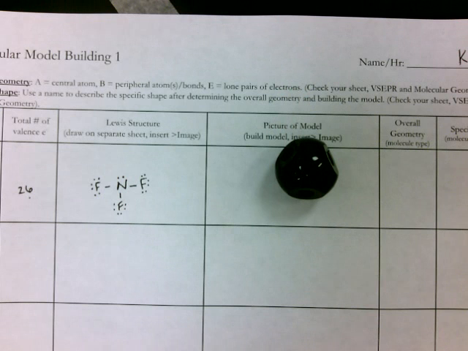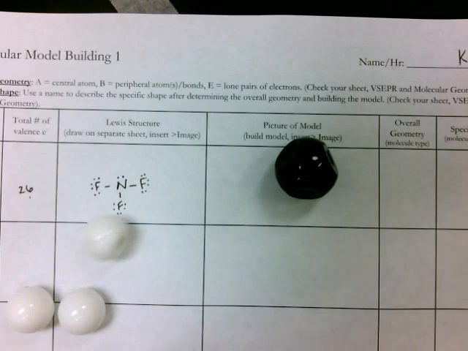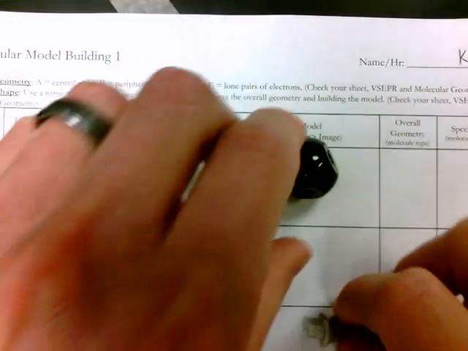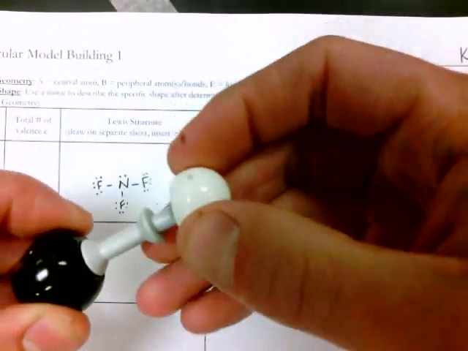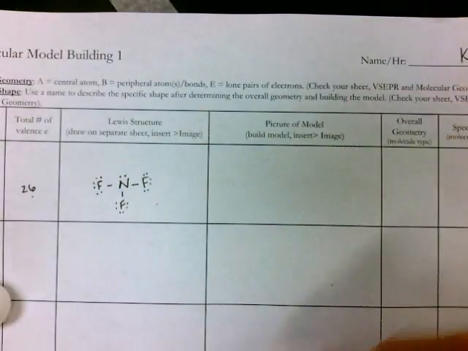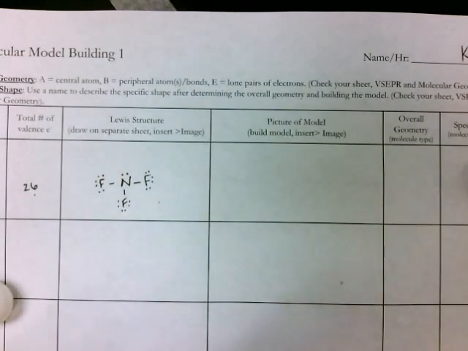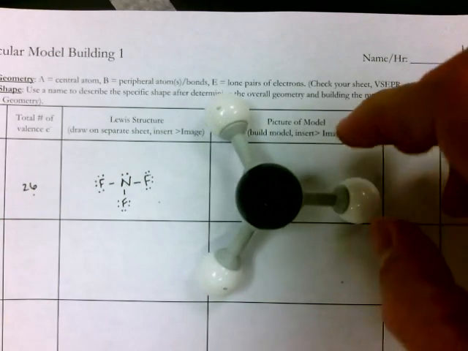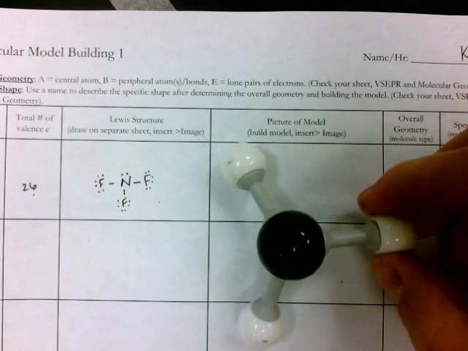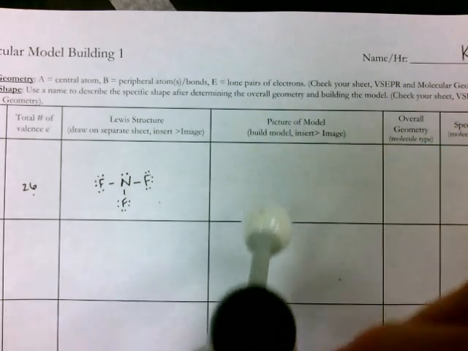It doesn't matter what color you choose, as long as they're the same color for our class. And then since these are single bonds, we will choose the rigid bonds.